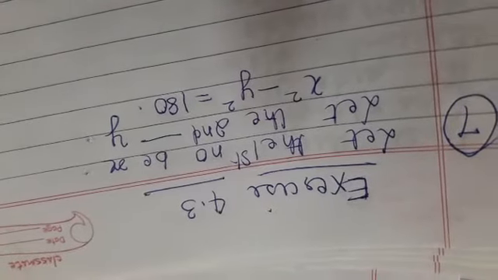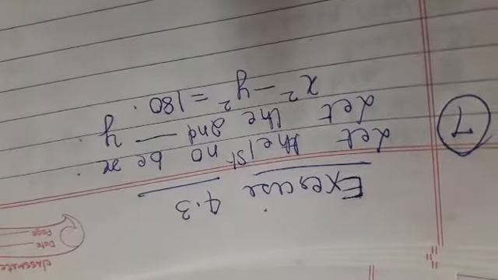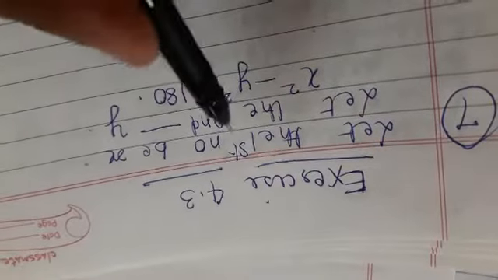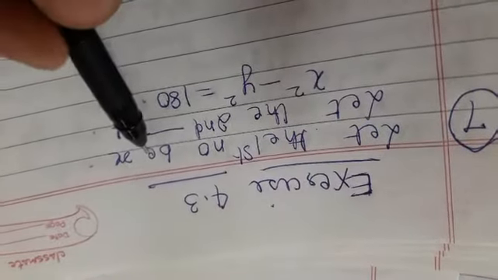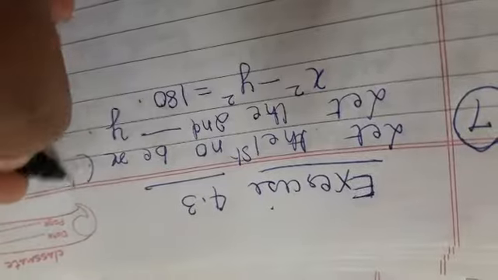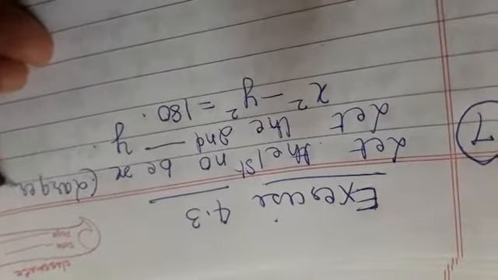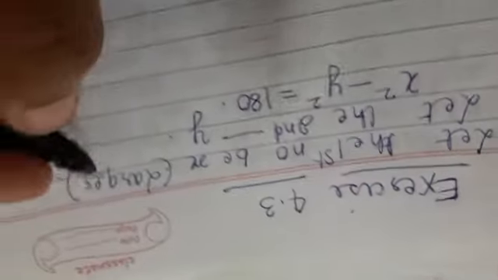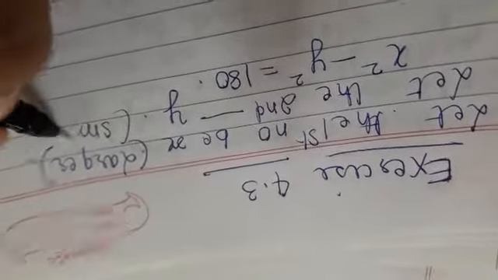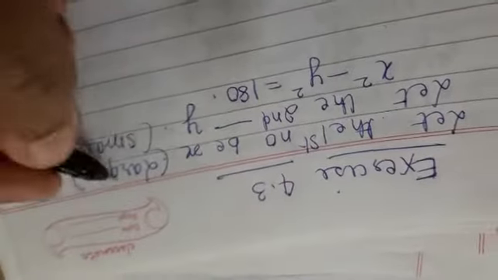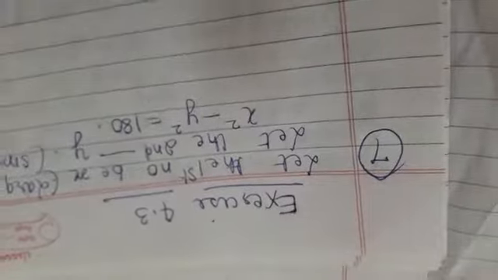It is also saying that the square of the smaller number. Now let us suppose the first number to be x, which is the larger number, right? And the second number, which is y, we will suppose to be the smaller number. We can do vice versa, whatever you want.